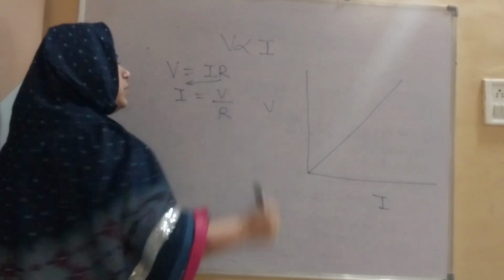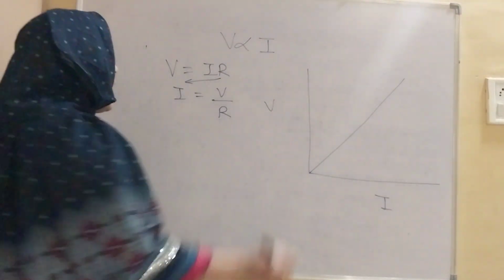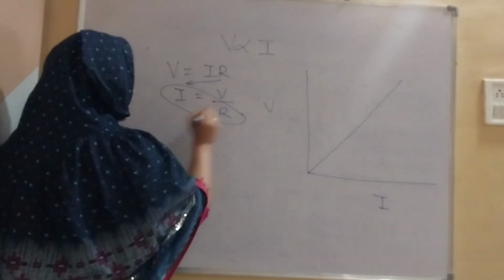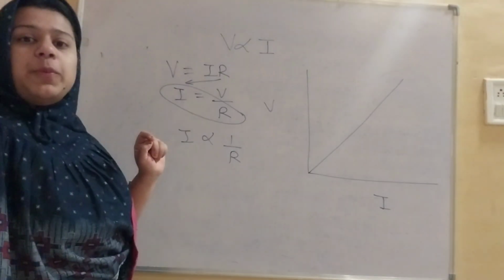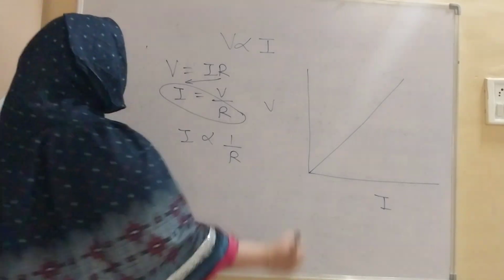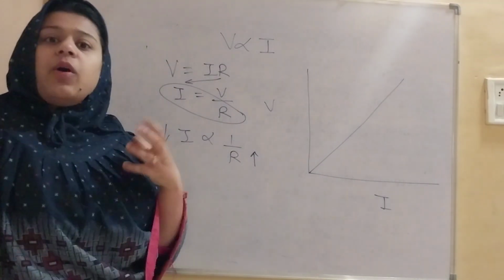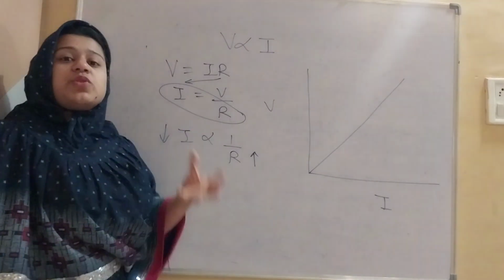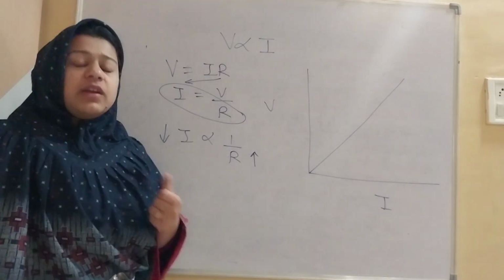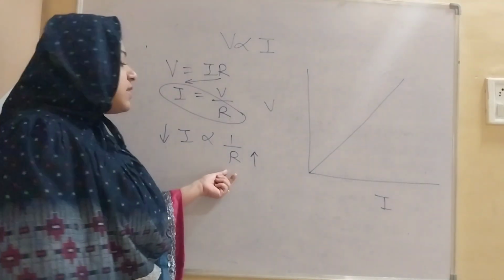This R will go into the denominator. So I equals V upon R. So as we can see, I and R are inversely proportional, meaning if the resistance increases, the current will decrease. Obviously from the definition of resistance, what is resistance? It is the obstruction in the flow of current. That which obstructs the flow of current is known as resistance.